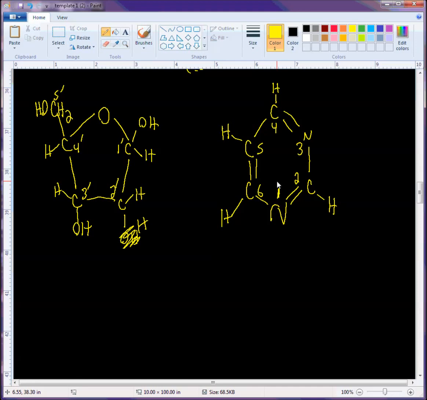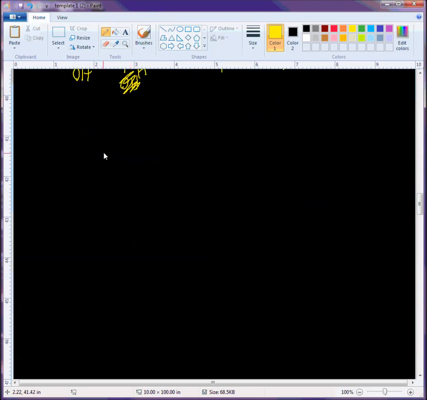So now let's take a look at purines. Let me see if I can do this without looking. Okay, so the purine is going to have 5 carbons and 4 nitrogens, and I'm just going to start like I did with the pyrimidines. So nitrogen, carbon, nitrogen, carbon, carbon, carbon attached to that nitrogen.